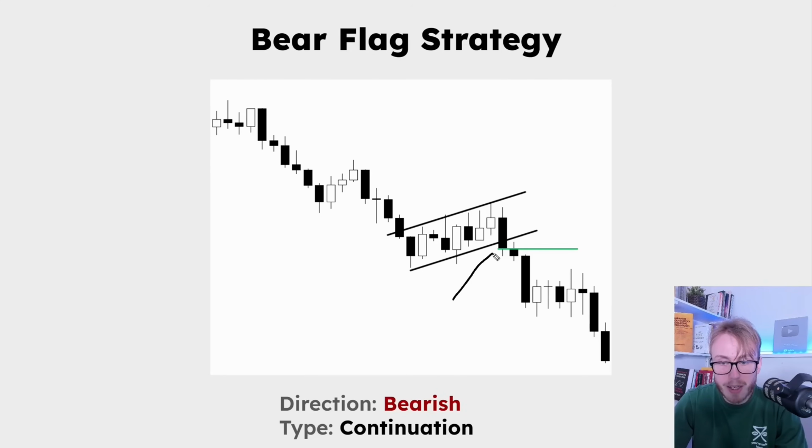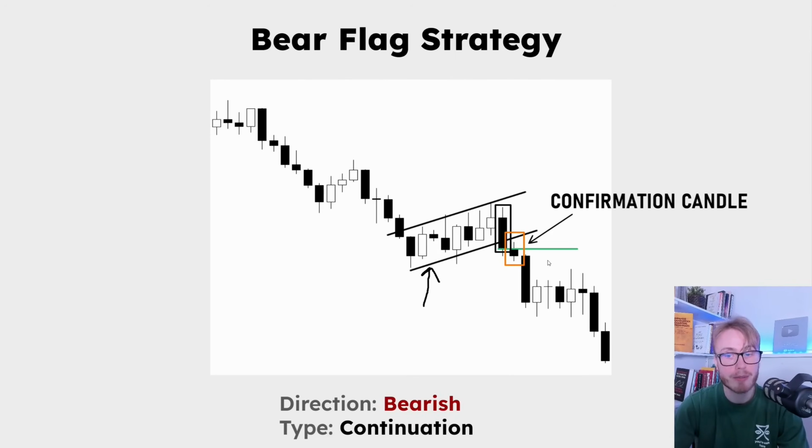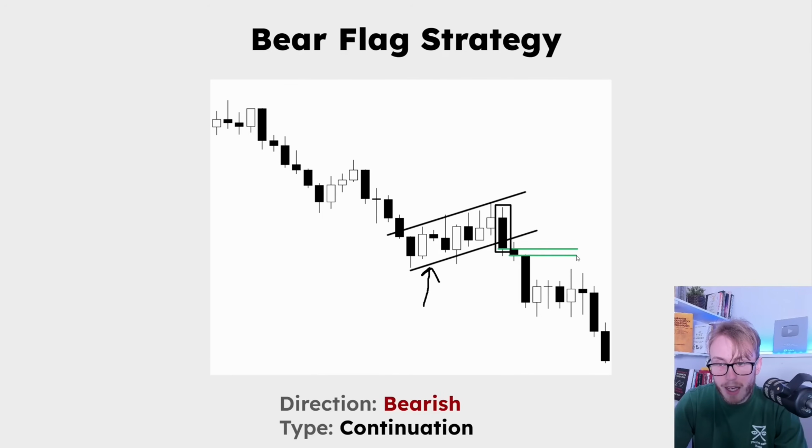And when you enter the breakdown, you want to enter at the candle close. However, when we see the candle close happening near the support level of the flag, many traders will wait for one more candle to confirm the breakout. This right here is what we call a confirmation candle. So another entry point would be around here.